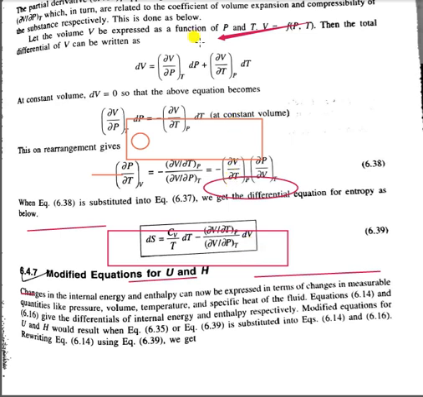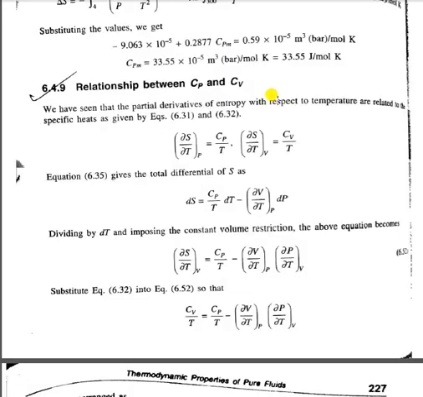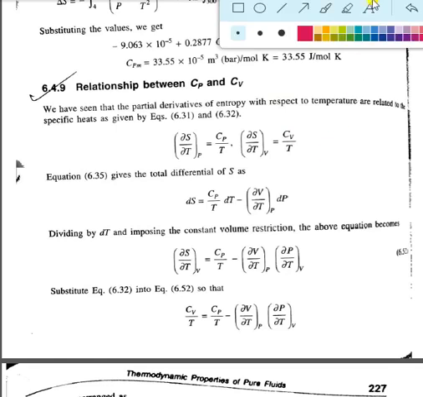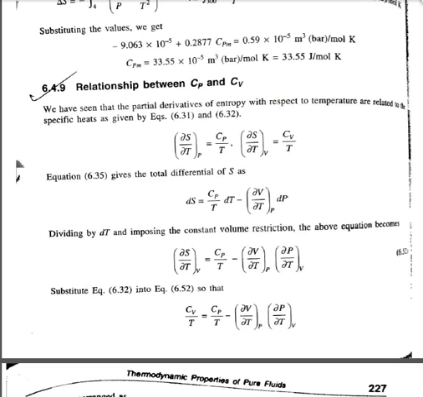Now let me do the relation between Cp and Cv, specific Cp and Cv. Okay, so derivatives of Cv and dV, how can we write? So the relationship between Cp and Cv is given by this equation, which we have seen, that the partial derivatives of entropy with respect to temperature are related to specific heat.